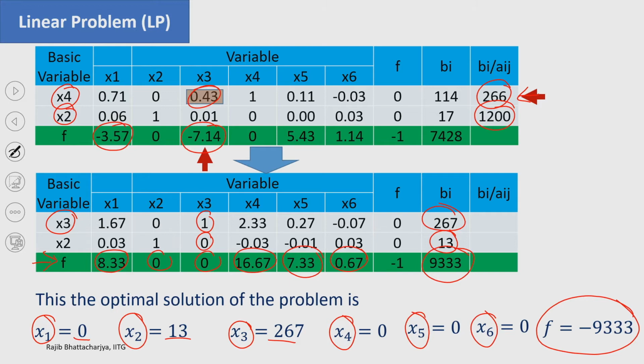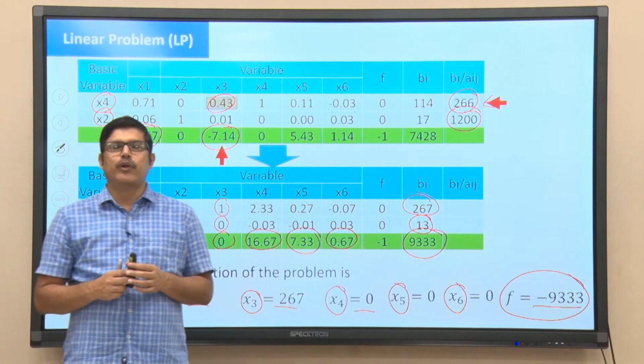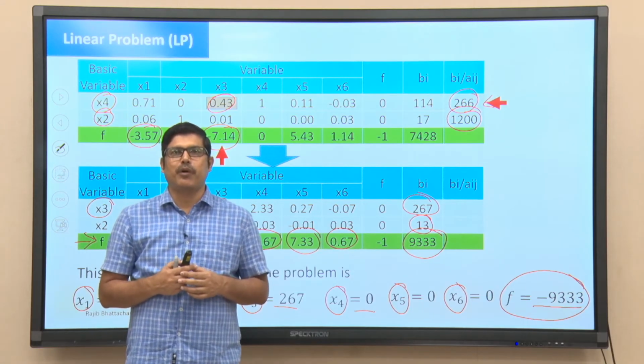I will produce product B 13 units and product C 267 units and product D is 0. So, the maximum benefit I can achieve is 9333. So, we got the solution of this problem.